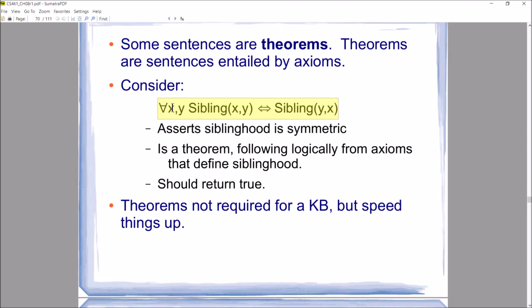By including theorems which are based upon axioms in your knowledge base, you can speed things up. The textbook gives this example about physicists, who are trying to do some physics, and they can rely on theorems that have already been generated without having to prove those theorems. You don't have to start from scratch to do useful work in physics.